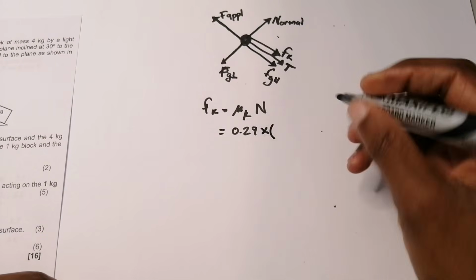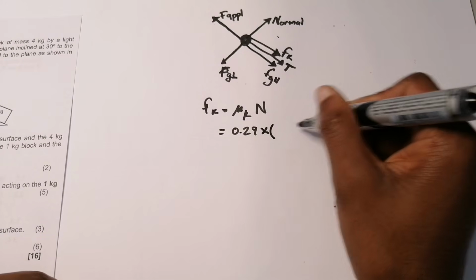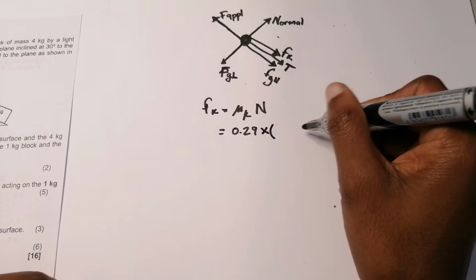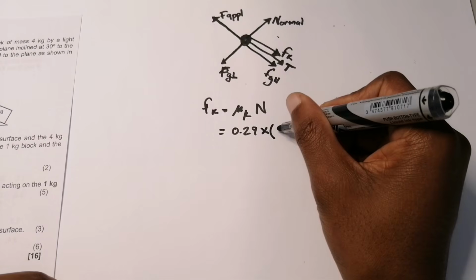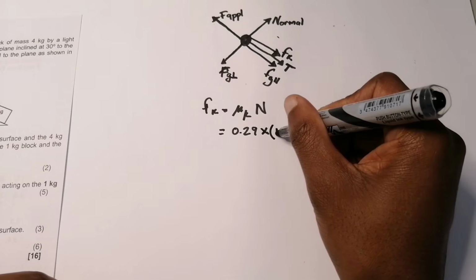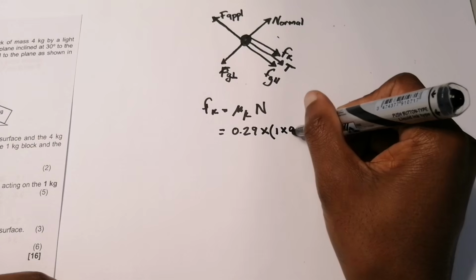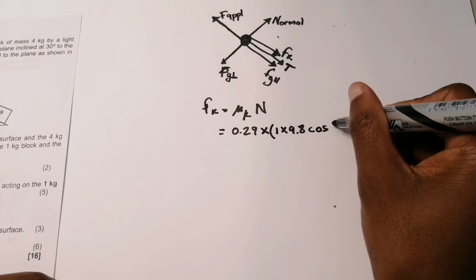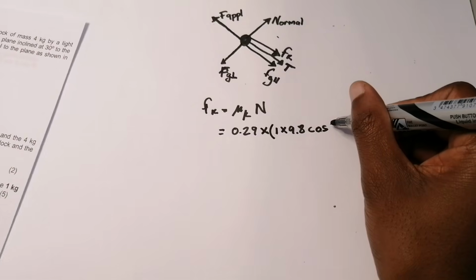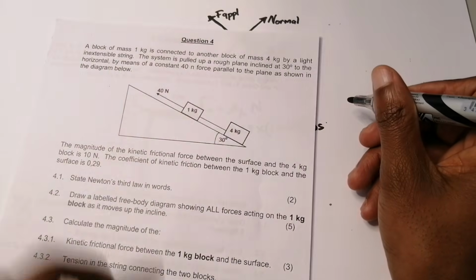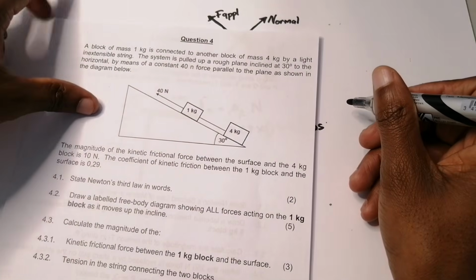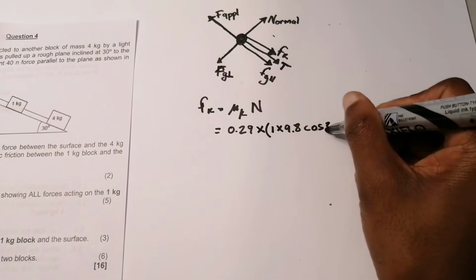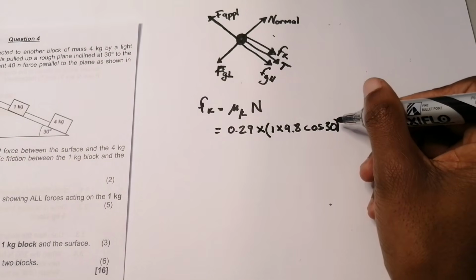And how do we get our perpendicular component? We said it's mg cos theta, right? So this is going to be the mass, so that's 1 times 9.8 multiplied by the cos of the angle, and our angle of elevation, all right, please note it there, that's 30 degrees, right? So it's 30.